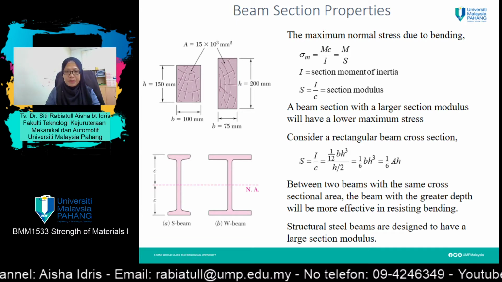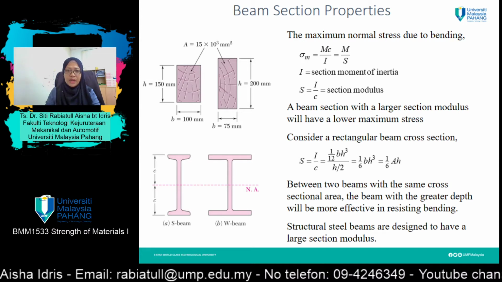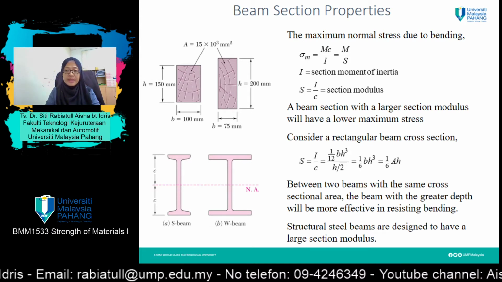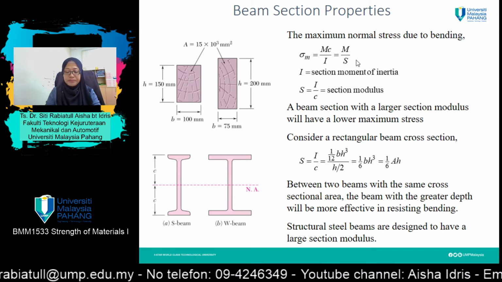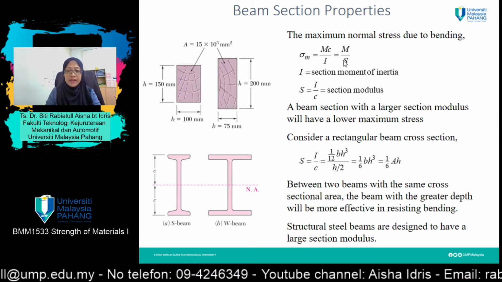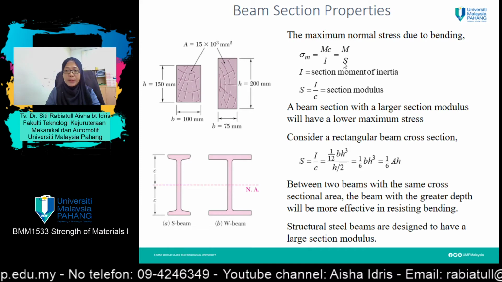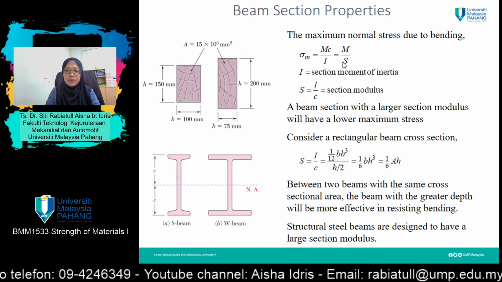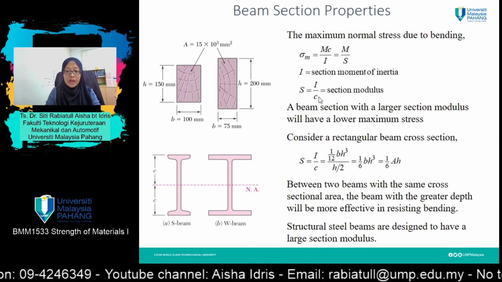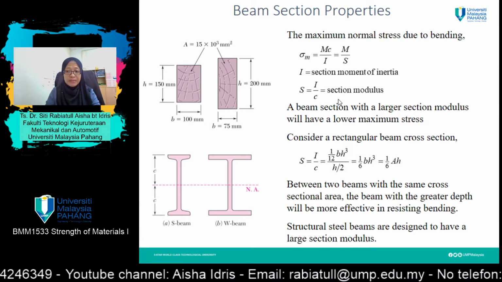We know that the formula for stress is sigma equals My over I, and for beam section, it is represented as S, which means S equals I over c for the section modulus.